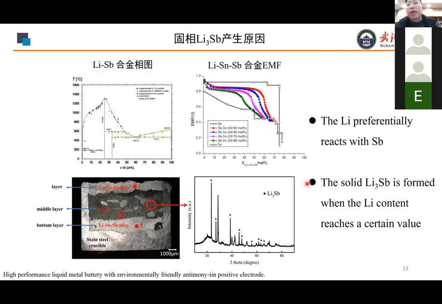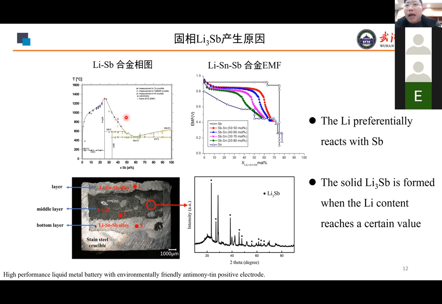When the positive alloy is lithium tin antimony ternary alloy, the lithium preferentially reacts with antimony because the potential of lithium reacting with antimony is much higher than that of lithium with tin. From the lithium antimony phase diagram, the lithium antimonide will be formed if the lithium content increases.